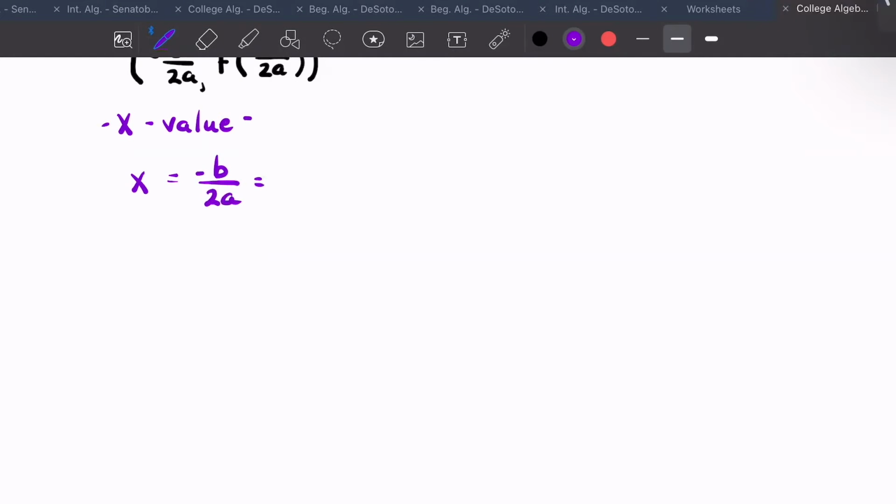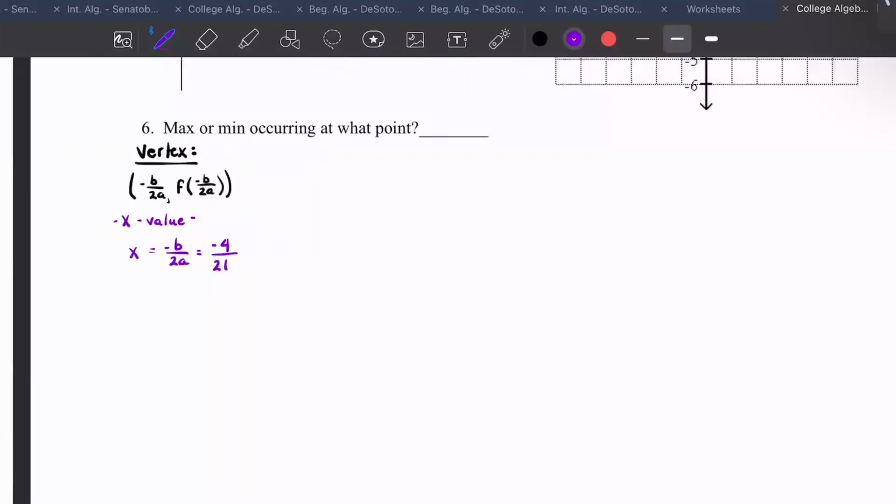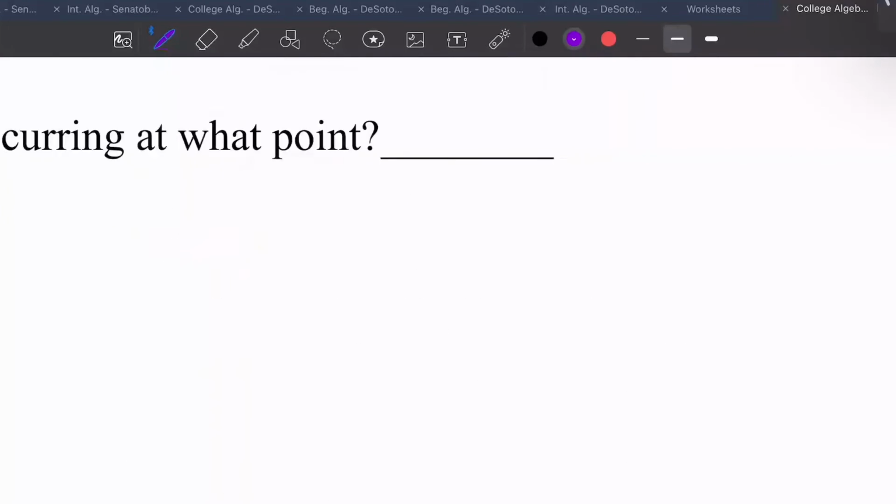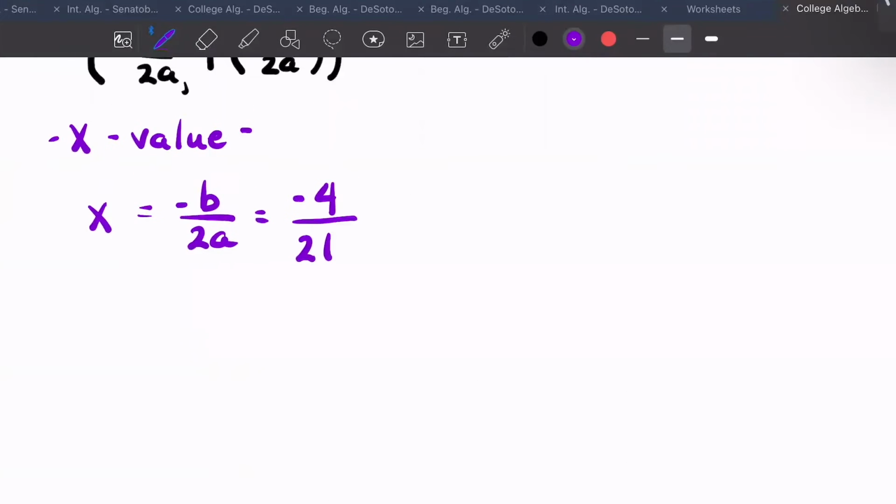All right, b is 4 again, so we'll say -4 over 2 times a. A is, let's go look. All right, there is an understood 1 right here. So a is -1. And we are left with -4 over -2, which is 2.